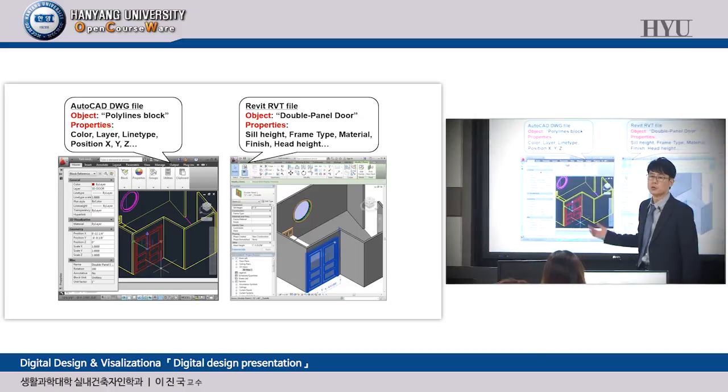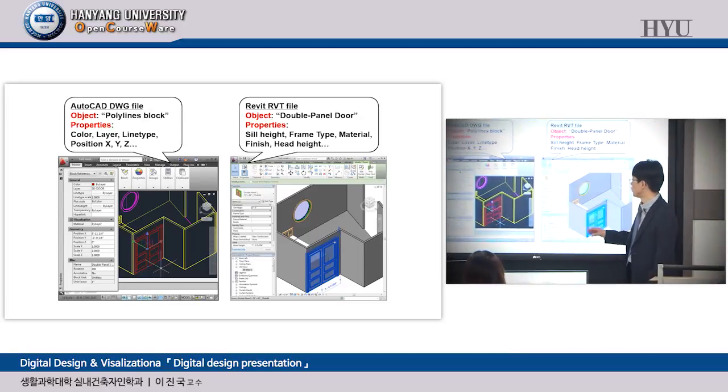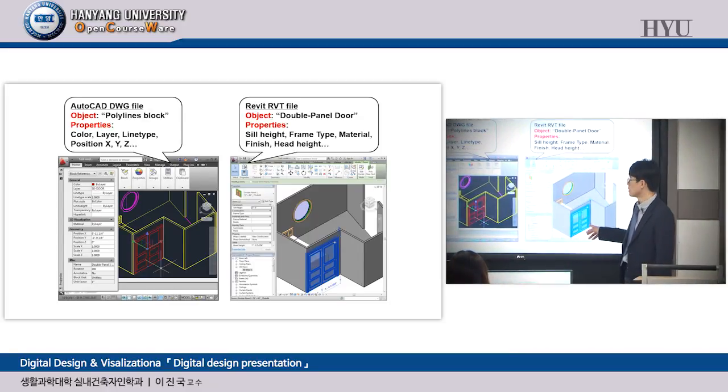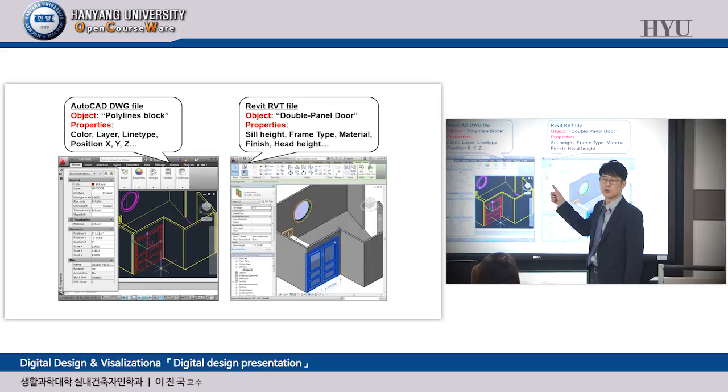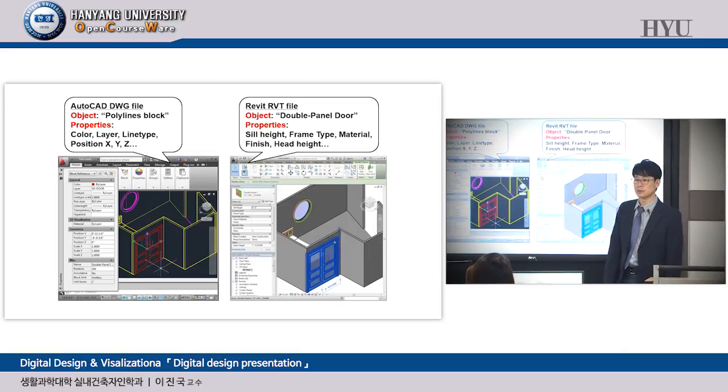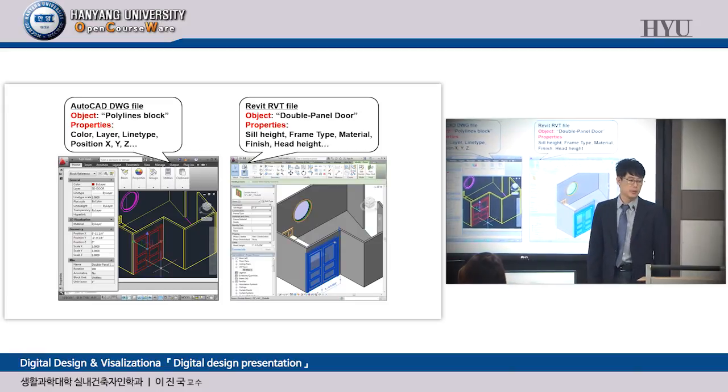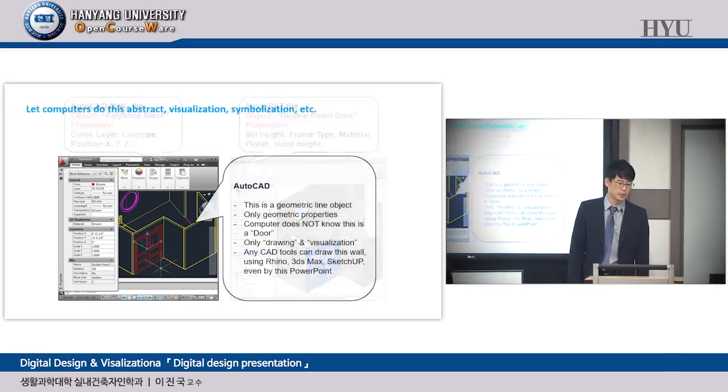That's it, only geometry. But if you load this one into Revit, take a look. If you click the same object, Revit knows this is a double panel door object and associated properties, door properties, okay? So this is the main difference between BIM and geometry.